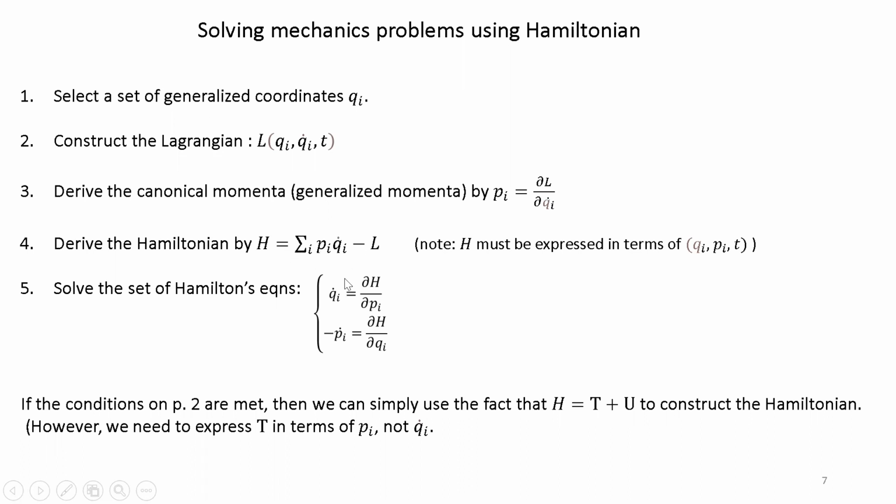You can simply start with H equals T plus U. That's also okay, skipping the step of the Lagrangian. However, always remind yourself that when we express the kinetic energy, do it in terms of p, not q dot.